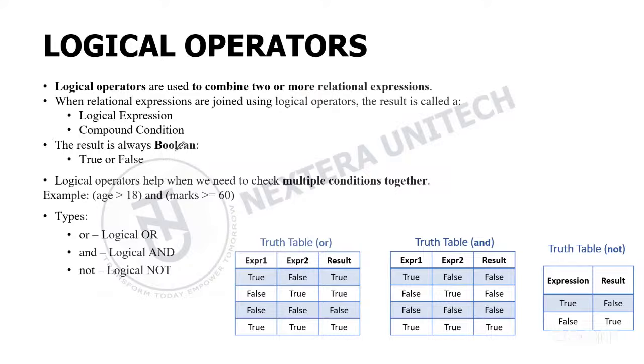And when relational expressions are joined using logical operators, that will be called a logical expression. When you use the logical operators to combine both relational expressions, that will be a logical expression. And relational expressions are also called conditions. So when you combine two or more conditions with the logical operator, there are many conditions, right?